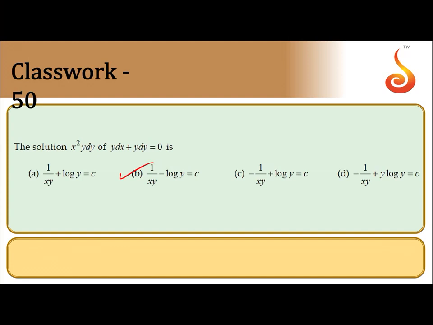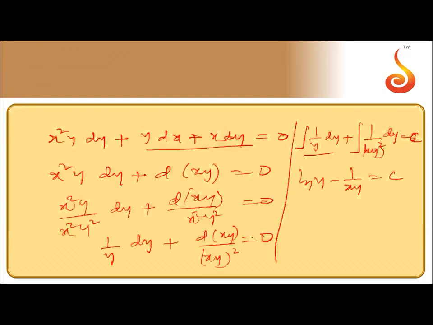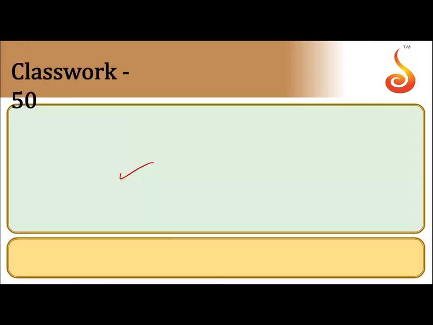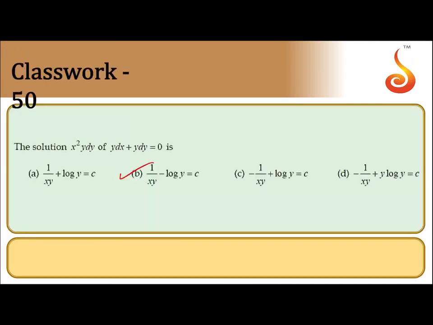I hope both answers are the same, because we can change the constant: 1 by xy minus log y is equal to c dash. Something like this can also be written. Both answers are right, but I think there might be a mistake here.